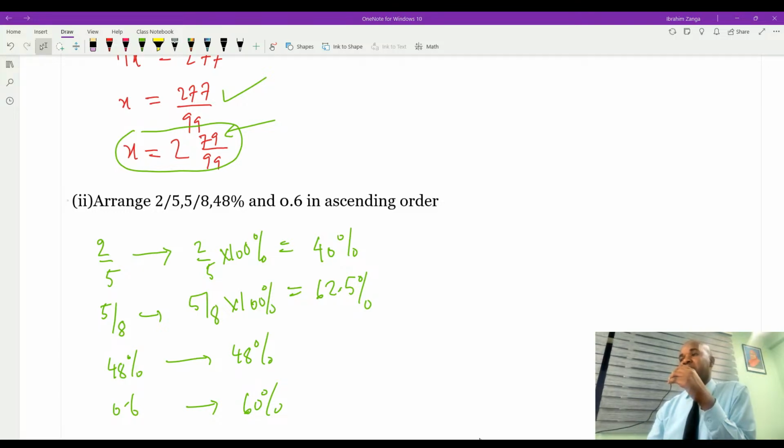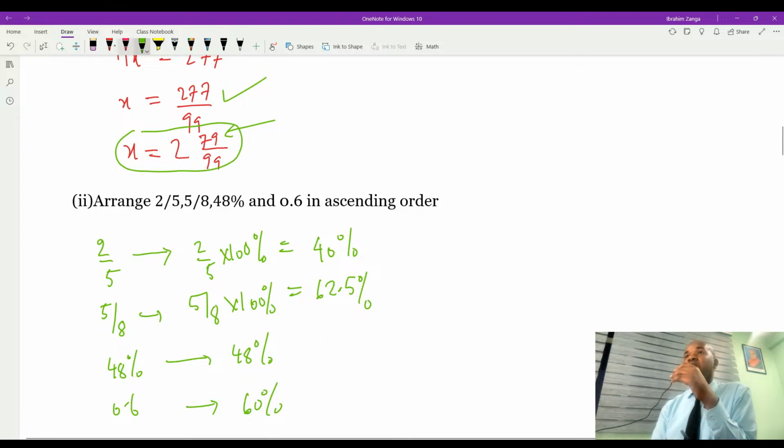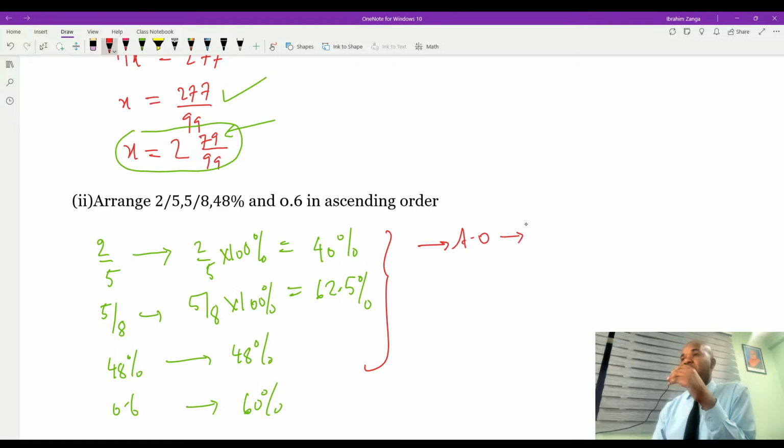So arranging them now in ascending order, we are going to start with the smallest number going to the largest number. So the smallest number from the series means we'll be having, now here's how we are going to conclude. In ascending order, you're going to start with 2 over 5. That is 40%.